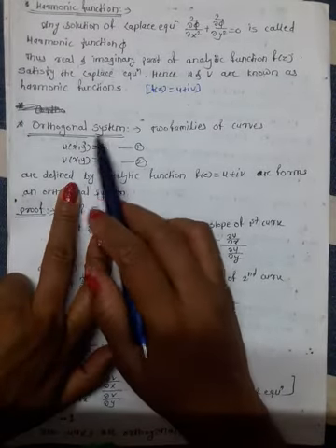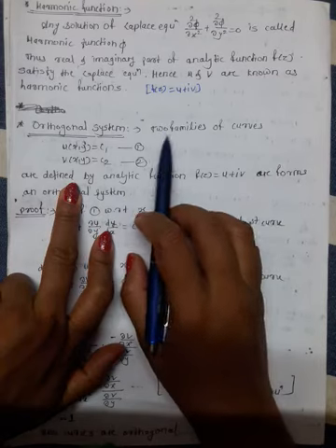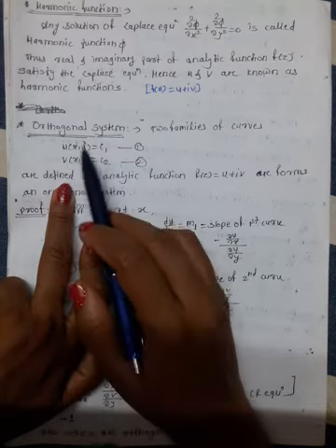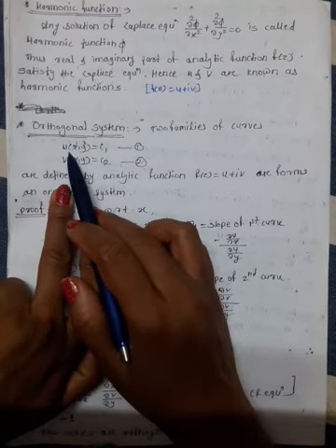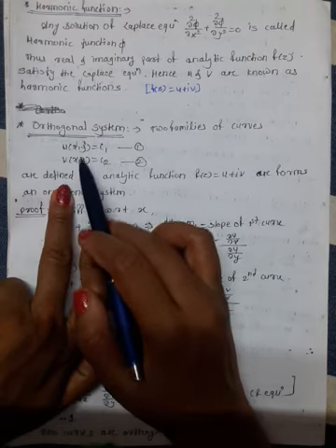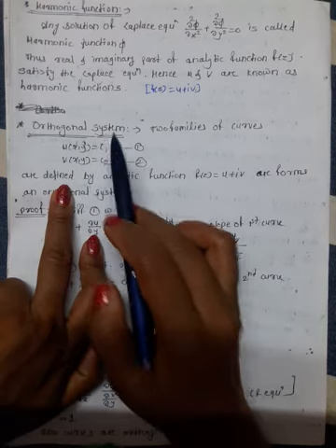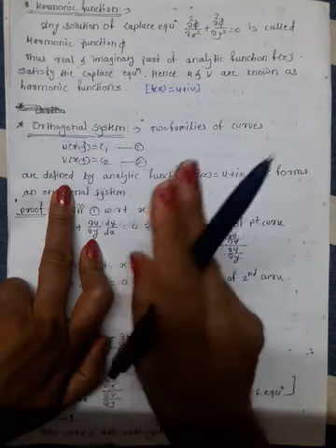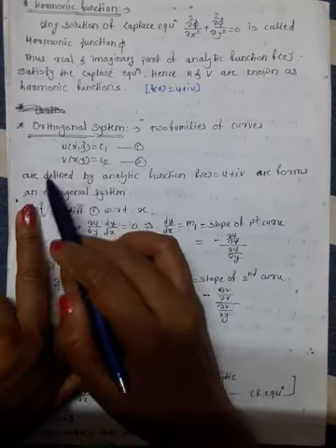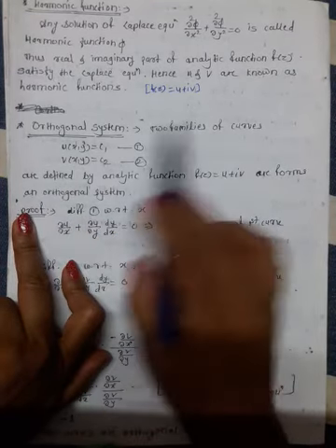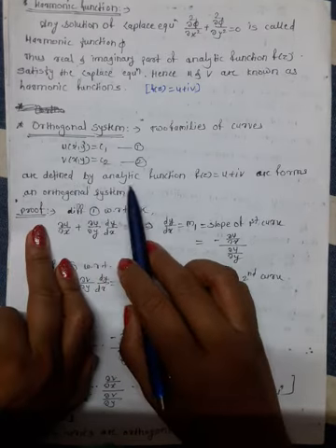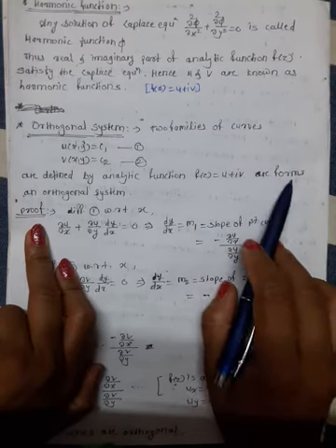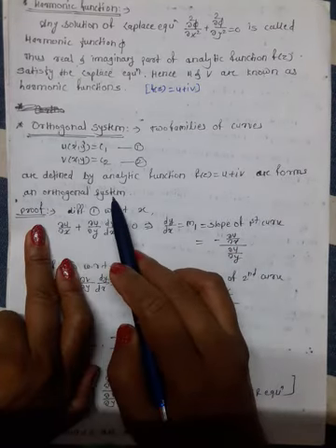Next, orthogonal system. Suppose there are two families of curves; these are the two equations of two curves. u is a function of x and y, v is also a function of x and y. u(x,y) is equal to c1, where c1 is a constant, and v(x,y) is equal to c2, also a constant. These are the equations of two families of curves defined by the analytic function f of z, which we know is u plus iv, and they form an orthogonal system.